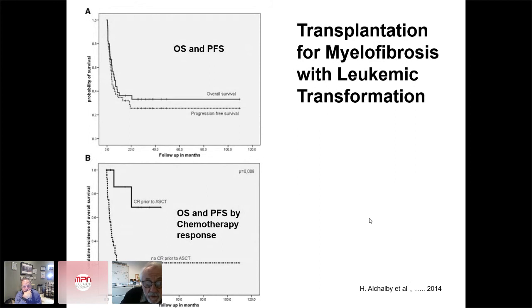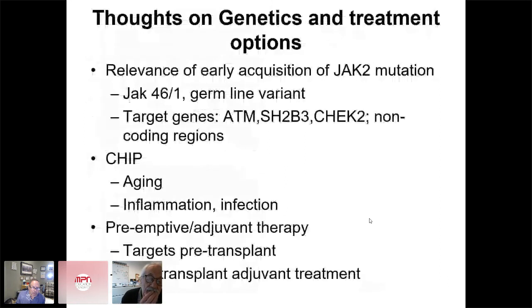What these data by Dr. Ashalbi show, however, if you can induce a remission pre-transplant by chemotherapy, and maybe in the future by other means, cellular therapy, for example, then the outcome is in fact not that bad, with a survival in this small group of patients in the range of about 70%. But it is, of course, only a proportion of patients who do achieve such a remission, and the remaining patients do very poorly. Next slide.